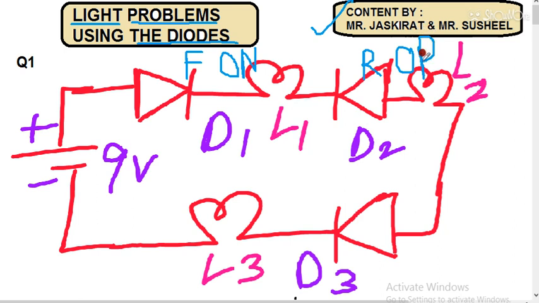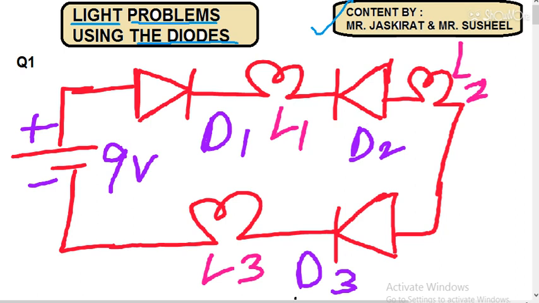That concept is basically for the whole question. The next concept we will use is that current will flow only when the circuit is closed. I will discuss one question, after that it will be more clear to you.